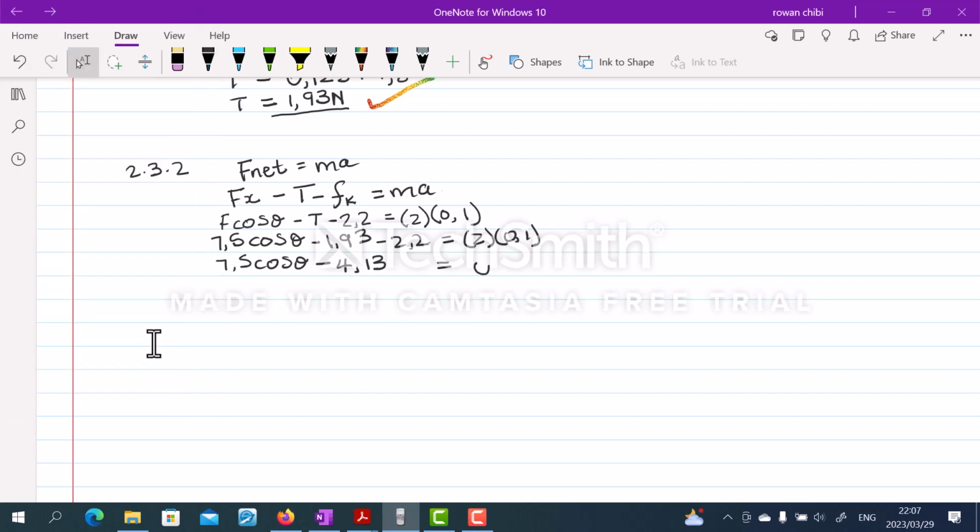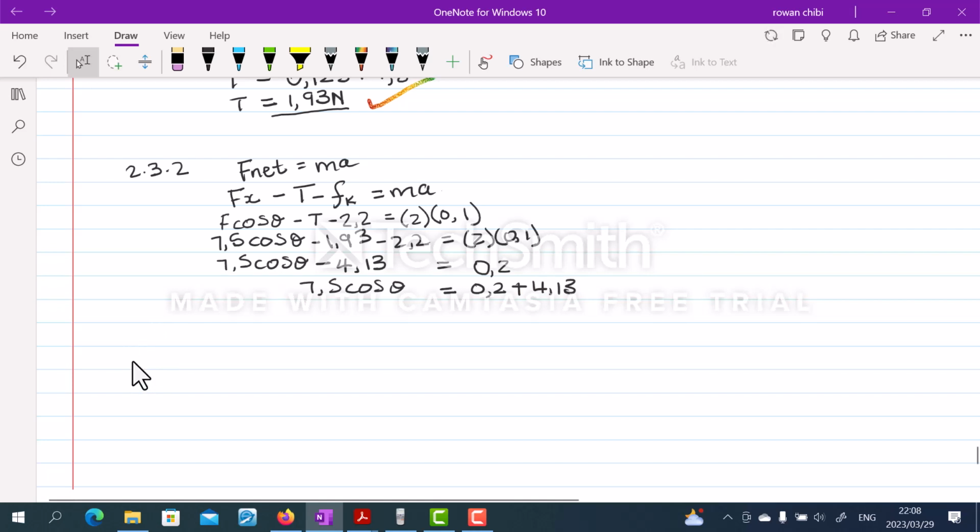So on your right we have 0.2. Then you take the like term to the other side, so we have 7.5 cos of theta equals 0.2, and take that 4.13 to the right, so you have positive 4.13.